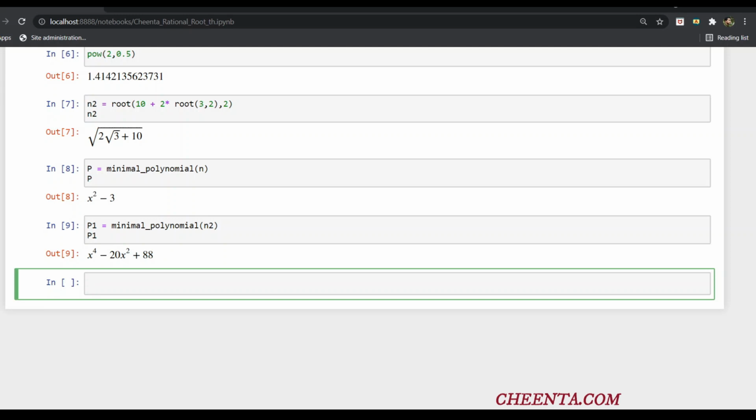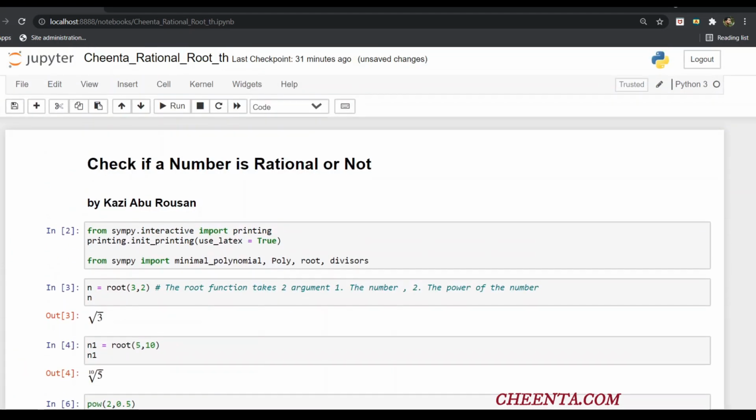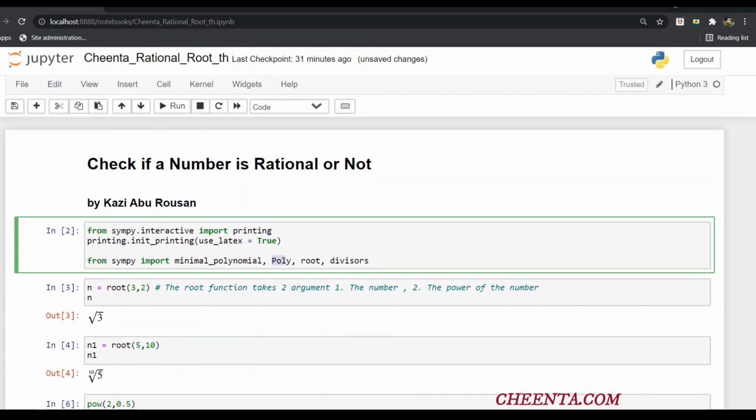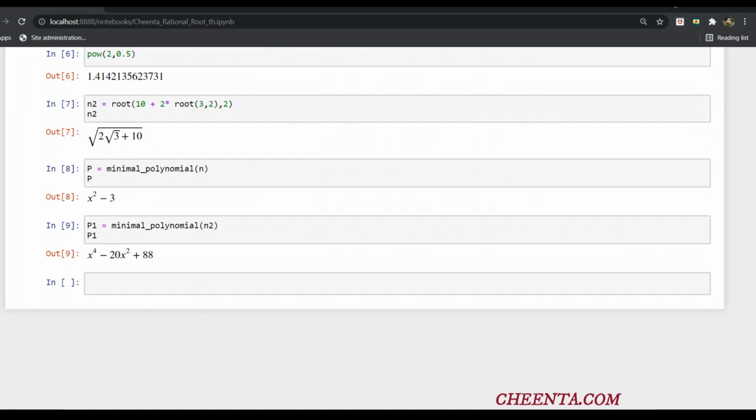Now let's see the other functions. To find the coefficients of any of these minimal polynomials, you need the function which is called poly. What does this poly do? This poly actually converts this equation, this minimal polynomial, into an actual polynomial which we can use using SymPy.